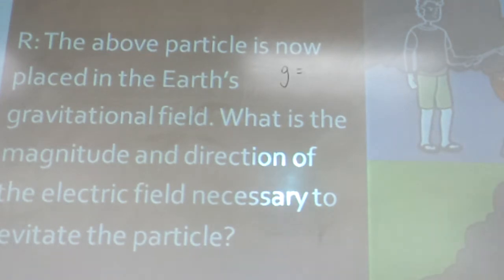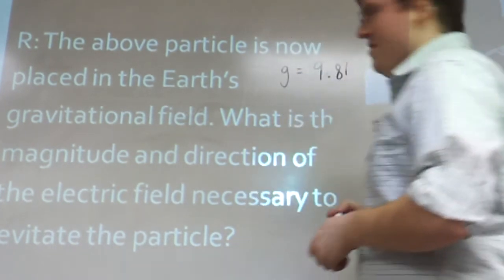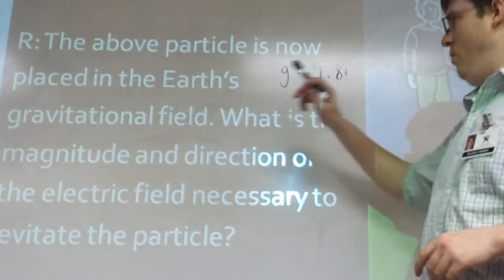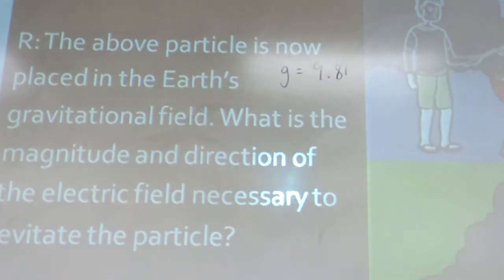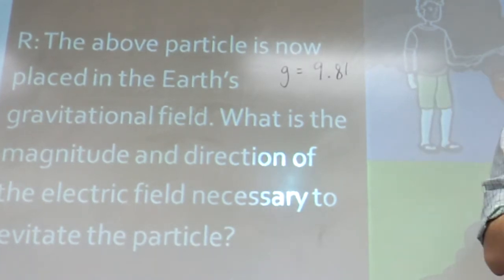It's a very small number. 9.81. The Earth's gravitational field has a magnitude of 9.81 meters per second squared. So our particle is placed in this gravitational field. What is the magnitude and direction of the electric field necessary to levitate this particle?